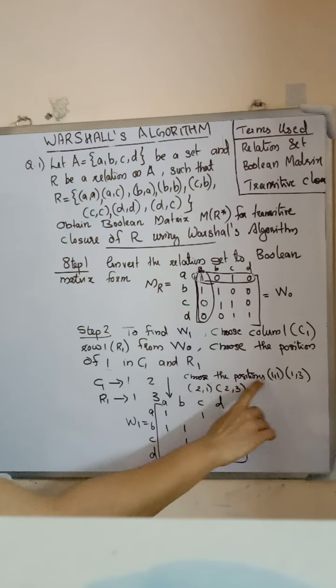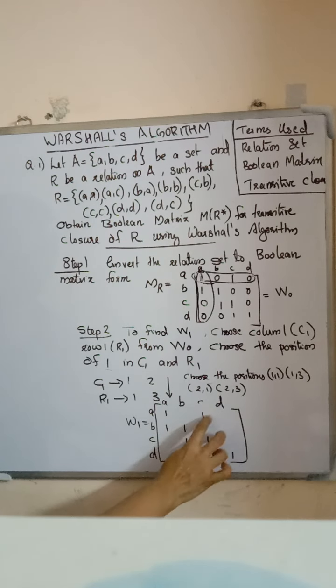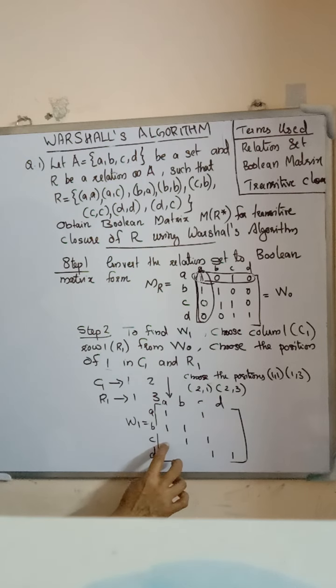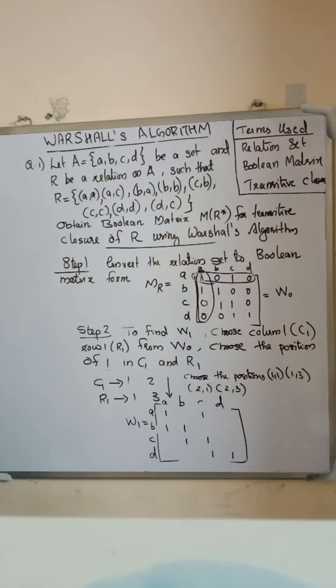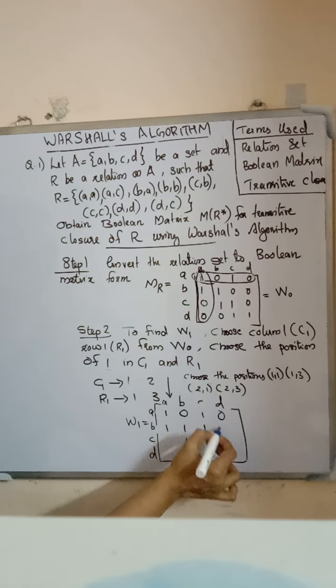Then check the new positions. 1,1, here also 1. 1,3, here also 1. 2,1, here also 1. 2,3. In W0, this position is 0. Here in W1, we add a new position, 1 at 2,3. All the remaining positions are kept 0.